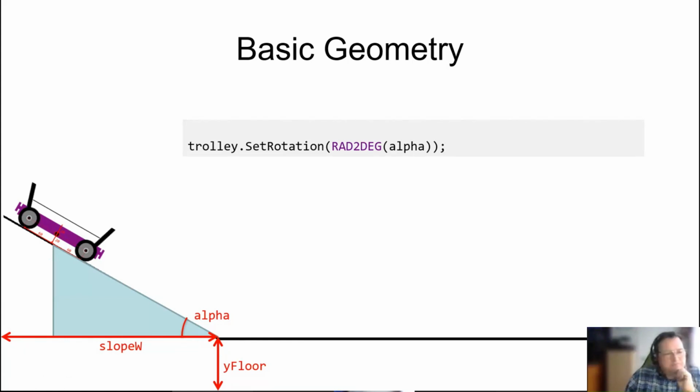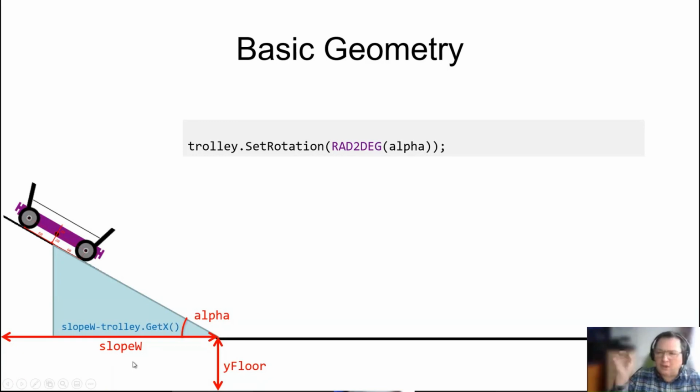What we know, not too much at the moment. Slope W is the length of this entire section here. So from here to here. But wait a moment, we also know this position because we have a sprite, the trolley sprite, and we can ask this trolley sprite for its x coordinate.